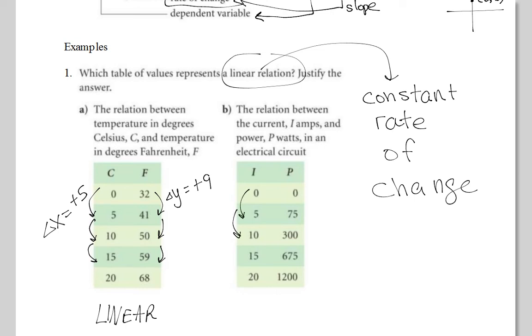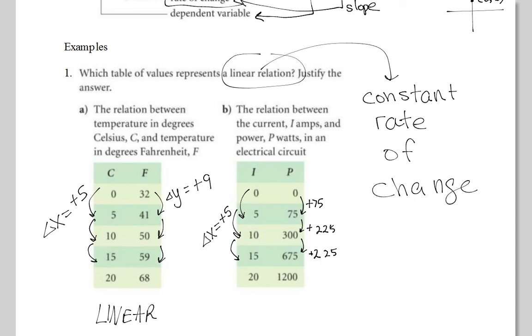What's this x going up by? So delta x is 5 every time. Positive 5 is going up 5, up 5, up 5. But look at the delta y. This one is plus 75, but this one was plus, oh my gosh, I don't know, 225? And then what? 225 again? Is it?